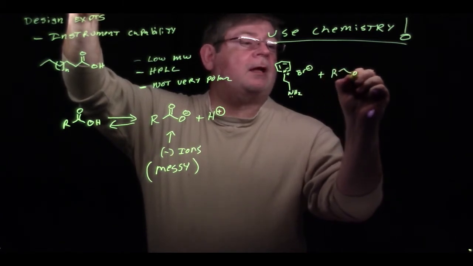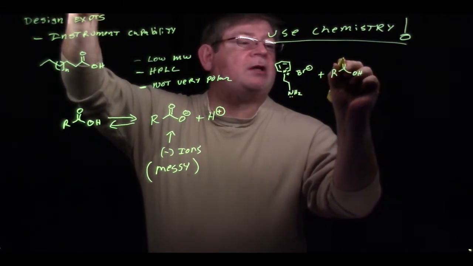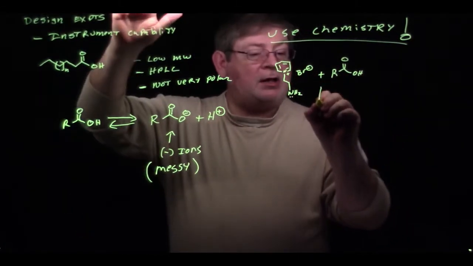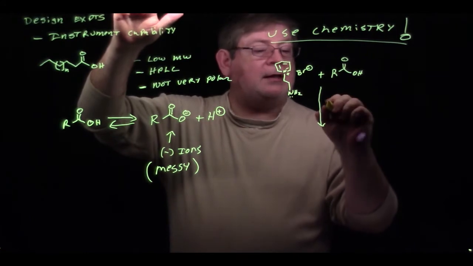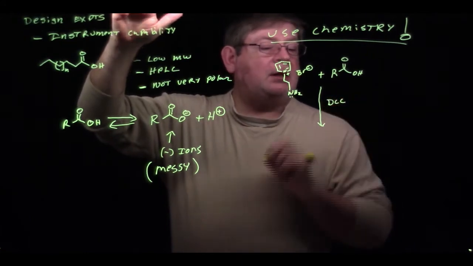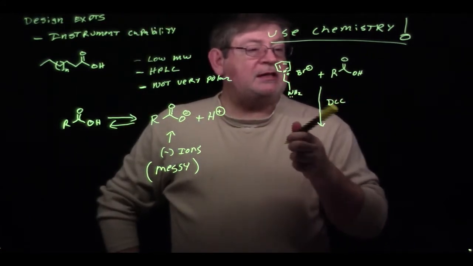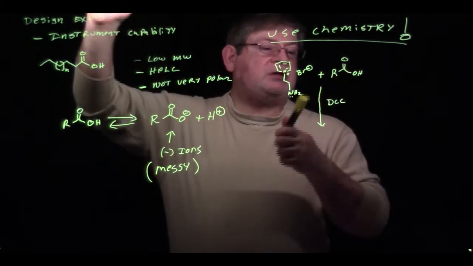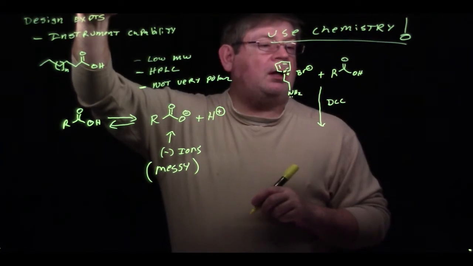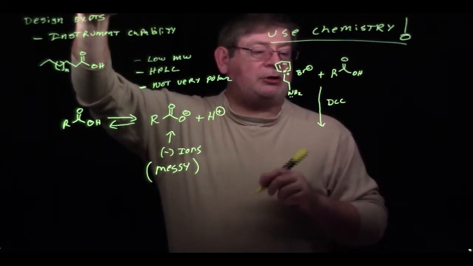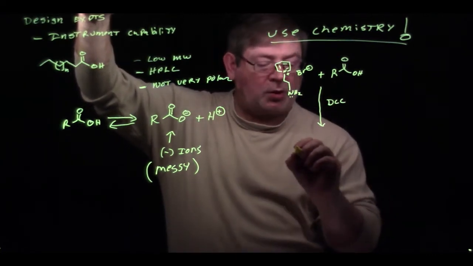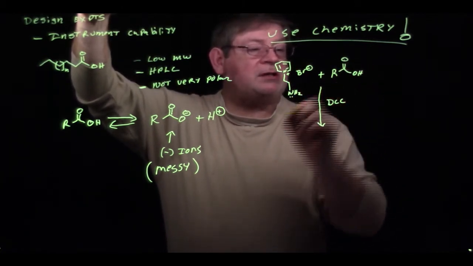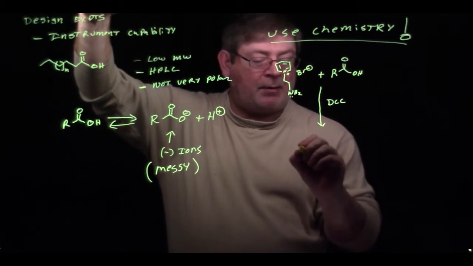mixture. Okay, so again, I'm just going to represent the carboxylic acid mixture with R. And we can use a coupling agent, something like DCC. So you all remember that DCC will couple carboxylic acids and free amines to make amides. This is what you learned when you took your sophomore level organic chemistry course. And so we're going to couple the nitrogen and the carboxyl group to make an amide.